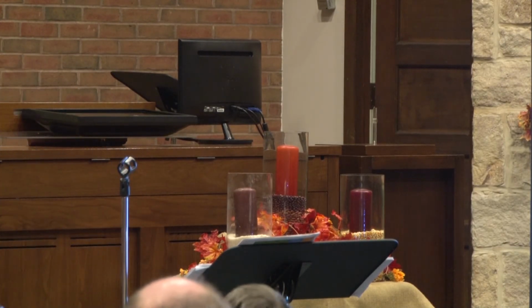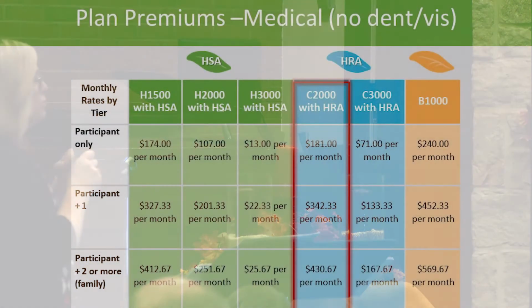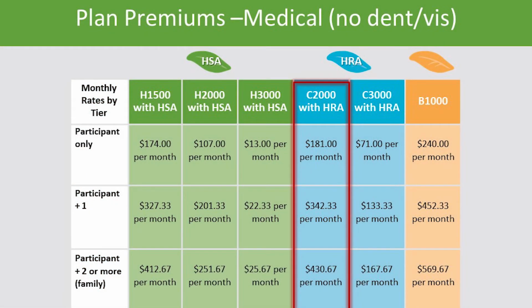Should you not be able to, should you choose not to, no longer will you default to the B1000 plan as you have in the past. You will now default to the C2000 plan. And that might not be the plan for you. That's why it's very important to take the time to go through open enrollment.